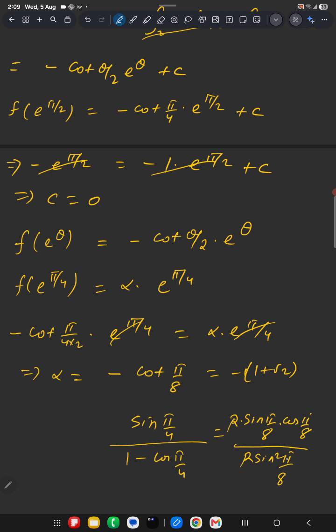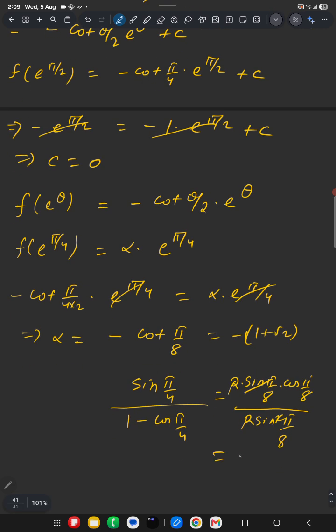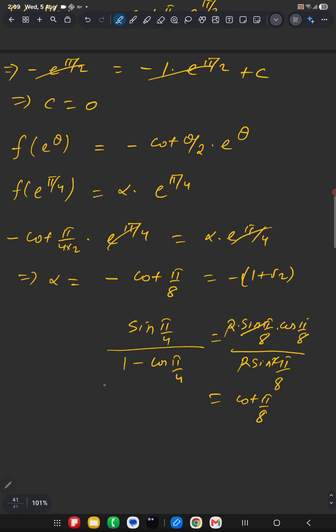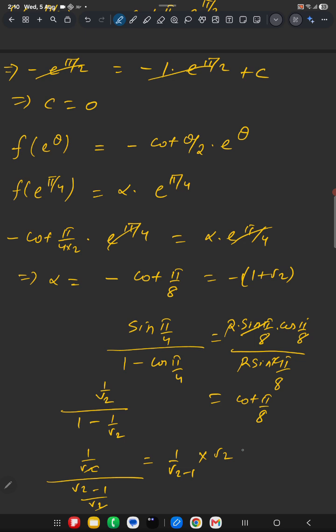So 2 cancelled, one sine pi by 8 can be cancelled, and you will get cot pi by 8. So sine pi by 4 is 1 by root 2 divided by 1 minus cos pi by 4, that is 1 minus 1 by root 2. This will give you 1 by root 2 simplification, root 2 minus 1 by root 2. These two cancel. 1 by root 2 minus 1. If you rationalize it with root 2 plus 1, you will get root 2 plus 1 by 2 minus 1. That is root 2 plus 1, isn't it? This way we are getting it.